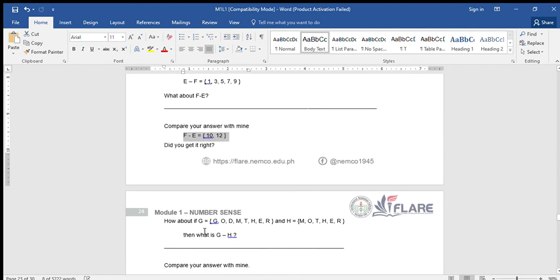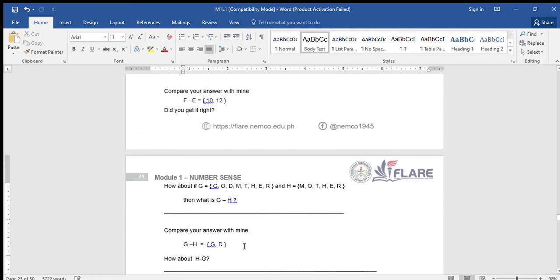Okay, how about if G is equal to God, and H is equal to Mother. So, what is our G minus H? God, right? Hey, there is an O on the other side. So, what are our elements? G is there. How about if H minus G? Here we look at it.